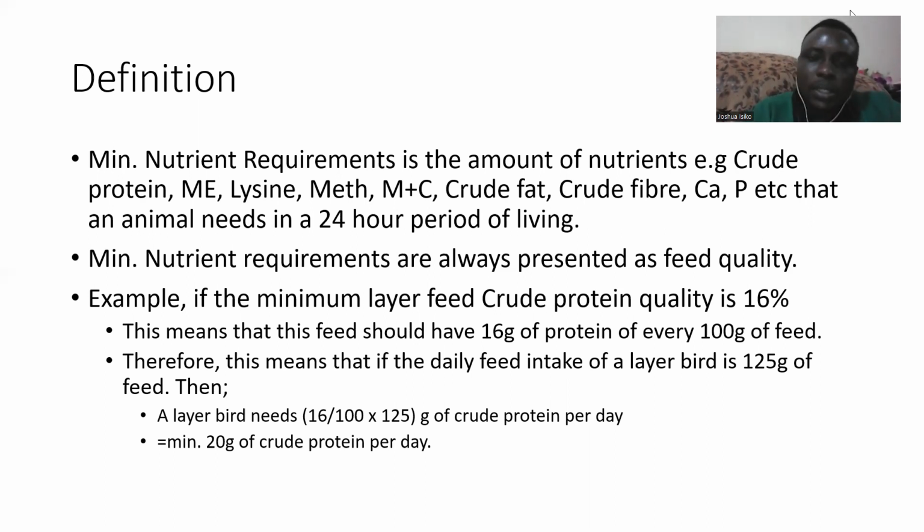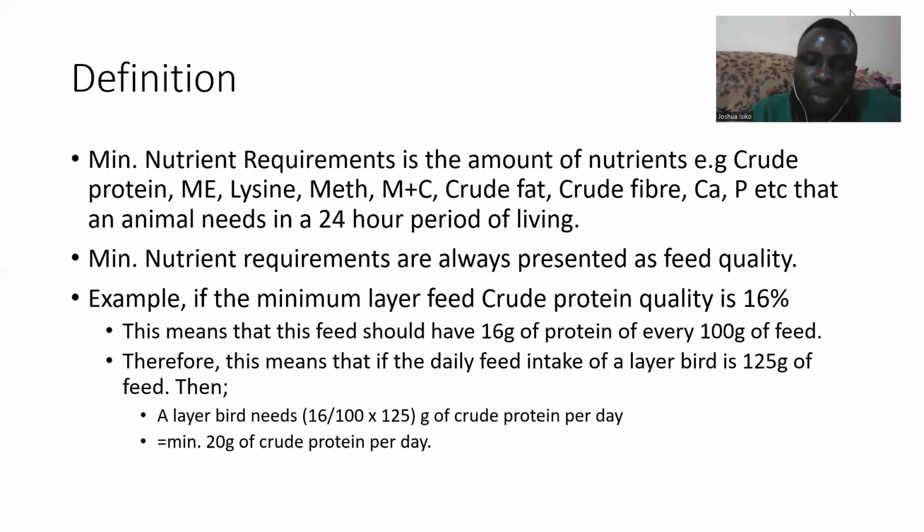That's what it means. So, therefore, the daily feed intake, assuming your bird eats 125 grams in a day, which is the commonly recommended quantity, means that a layer bird a day will need 16 out of 100, which is the percentage that we are talking of, times 125 grams of feed.